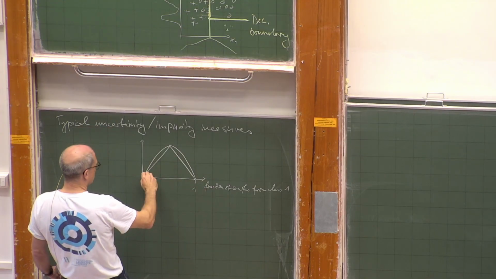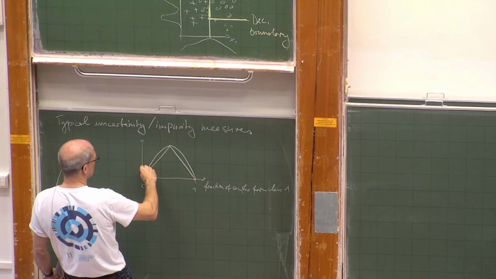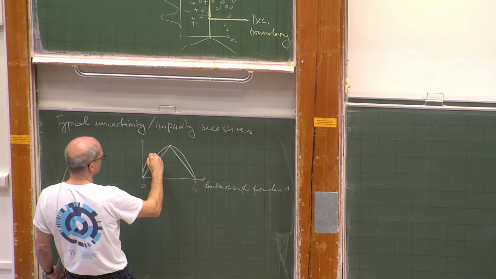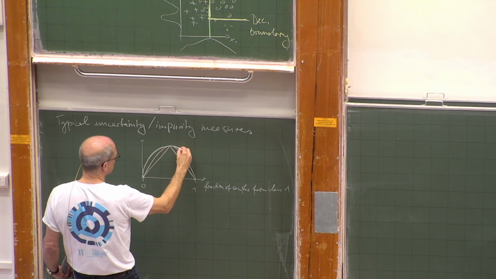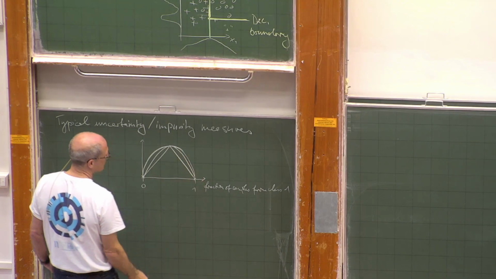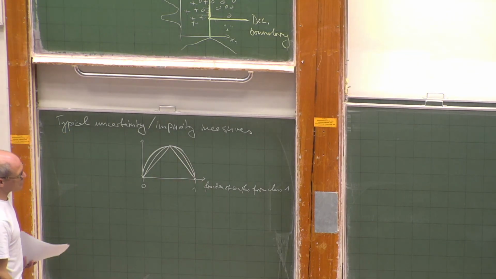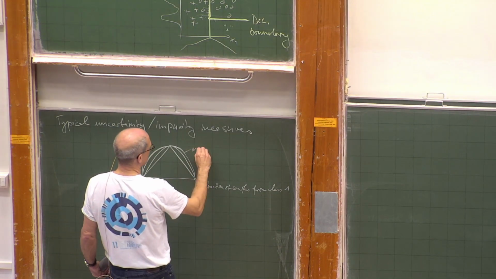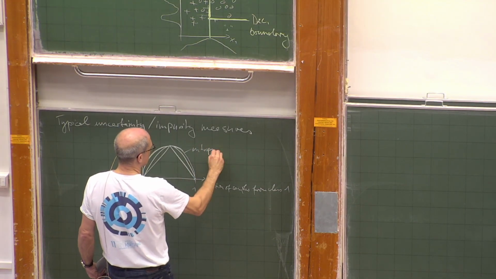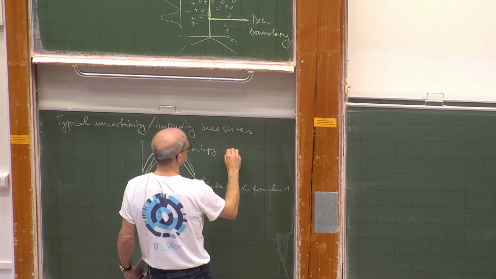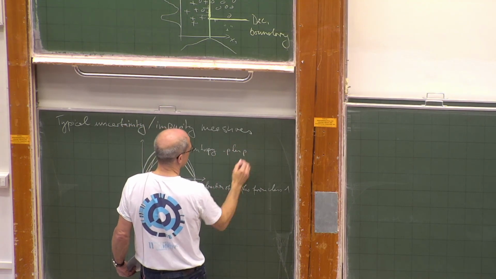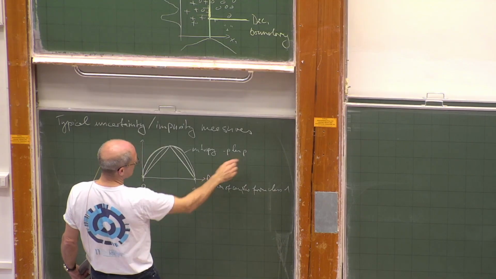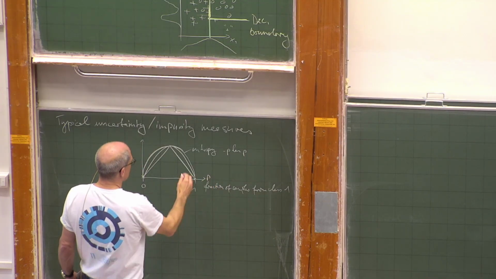Or I could have something which has infinite slope here at the origin and infinite slope here. All of these have been proposed, and all of these are important examples. So this here would be the entropy. If I'm calling this here P, then this would be minus P ln P.